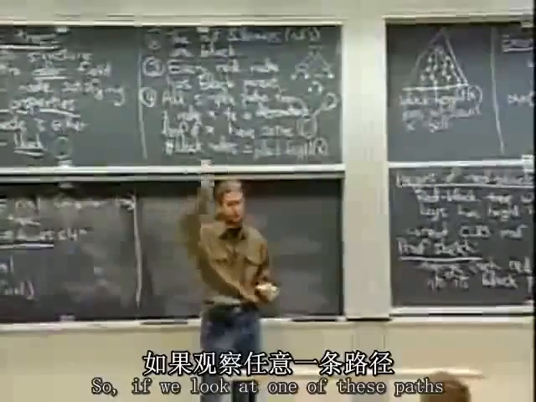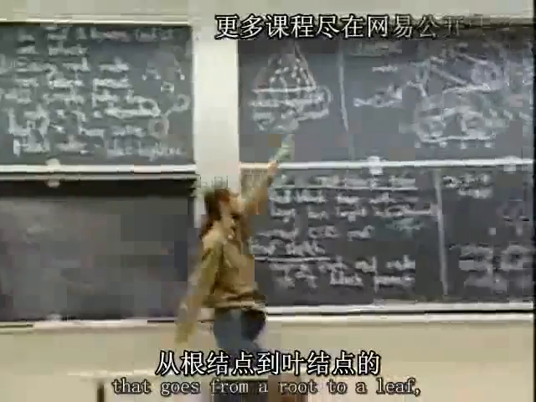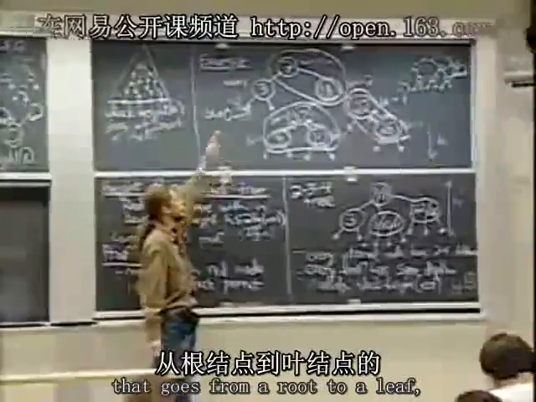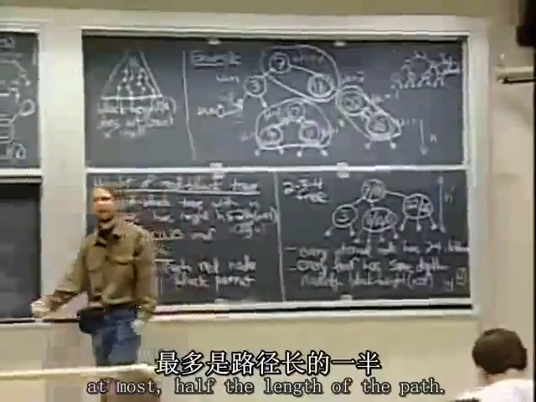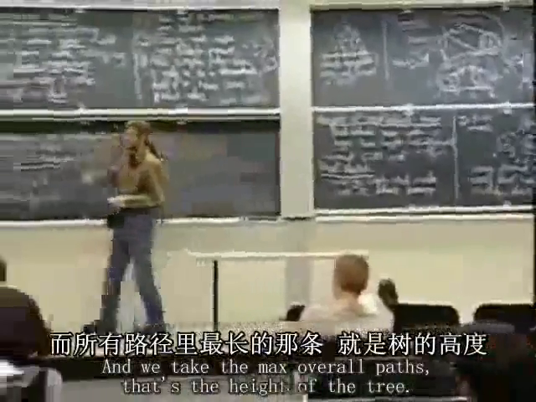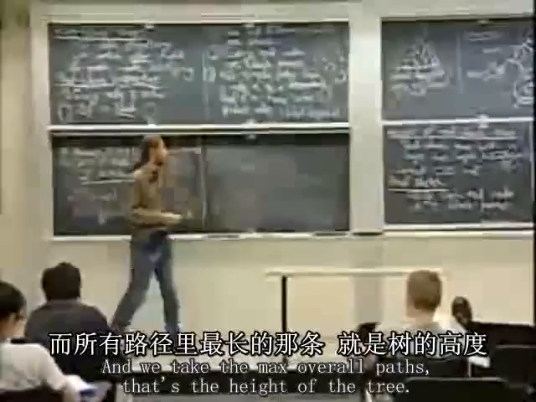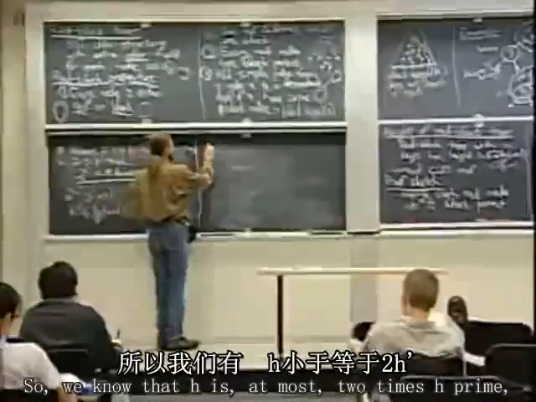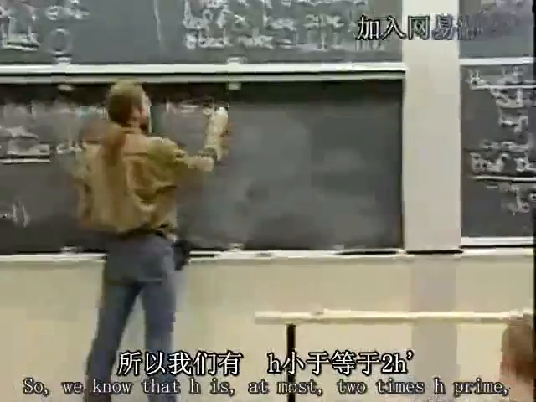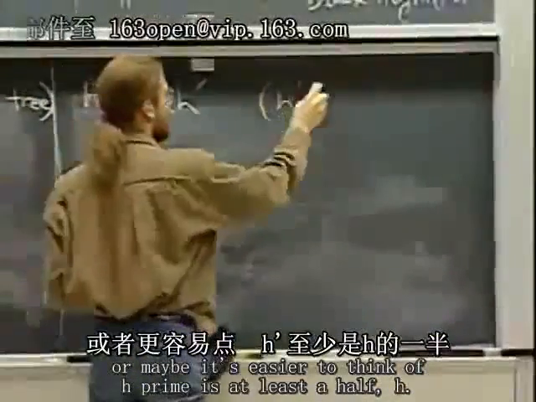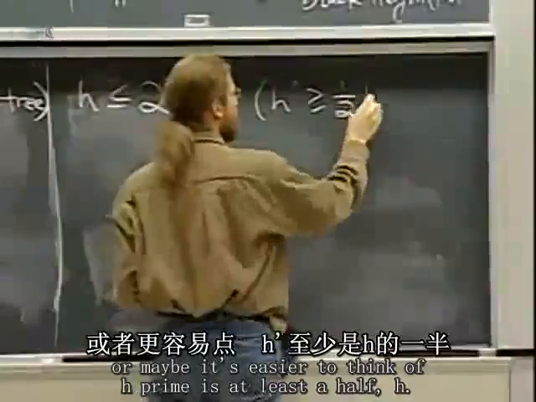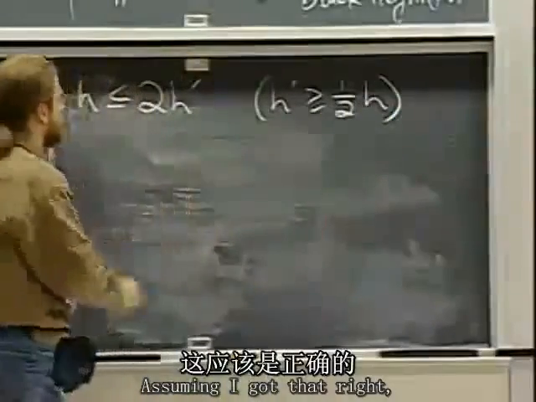So if we look at one of these paths that goes from a root to a leaf, the number of red nodes can be at most half the length of the path. And if we take the max over all paths, that's the height of the tree. So we know that h is at most 2 times h prime. Or maybe it's easier to think of h prime as at least a half h. Assuming I got that right.